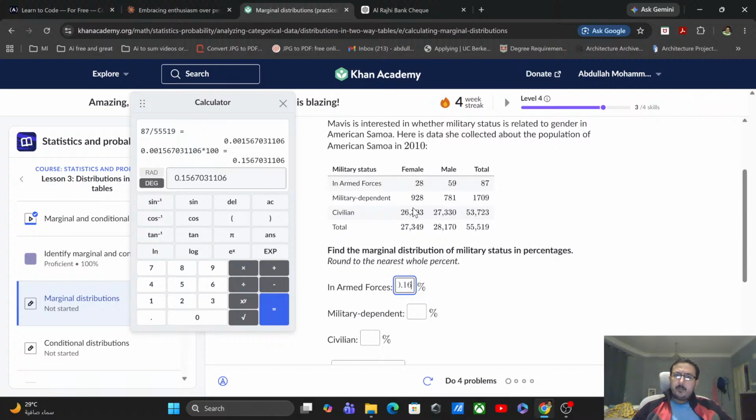Military dependent. 1709 over 55,519. In 100, 3%. 3.